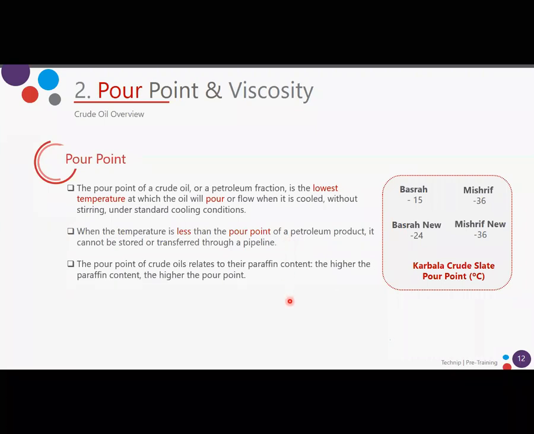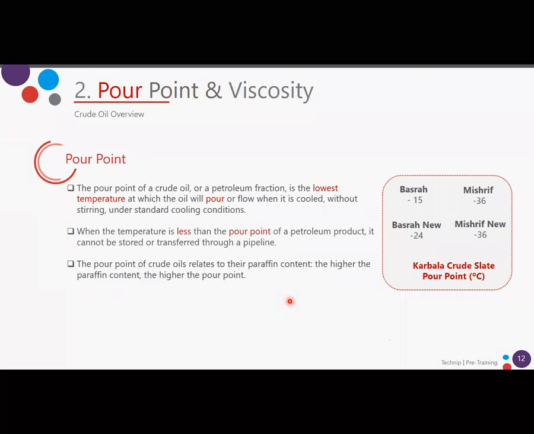The pour point of crude oil relates to the paraffin content. We will see the meaning of paraffin in the next presentation, but I know they are the alkanes in the hydrocarbons. So the higher the paraffin content, the higher the pour point.